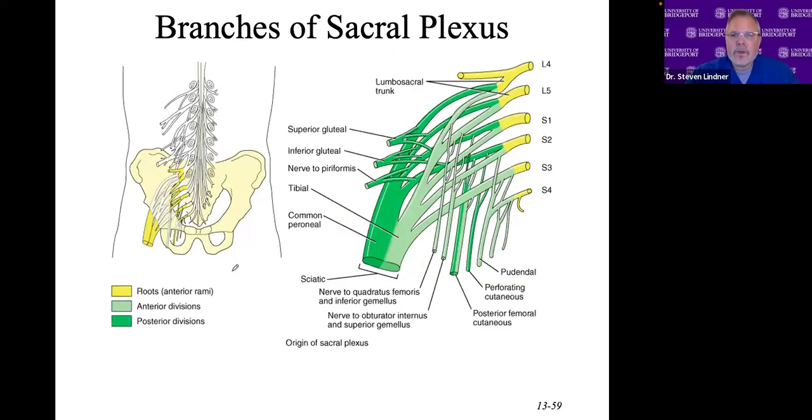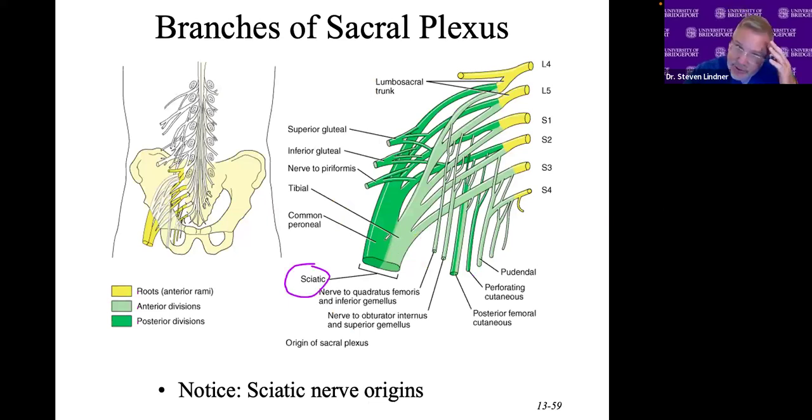Okay. So right here, I like this picture better because we can see the sciatic nerve. You could see it's the largest, thickest nerve in the body. We can see the two different tones of green here, and we can see that it's made up of the tibial nerve and the common peroneal nerve. Now, there are a bunch of other nerves coming off of the sacral plexus, but these two are probably the most important that I want you to know.